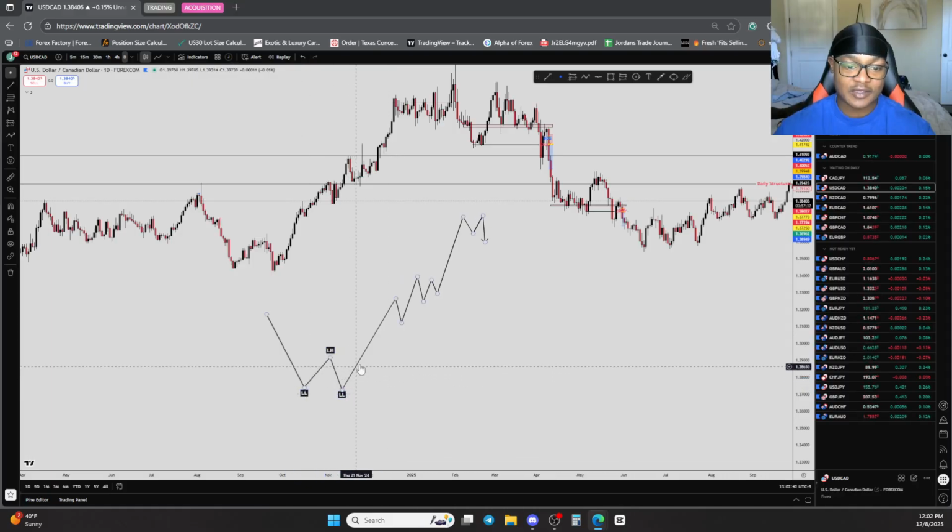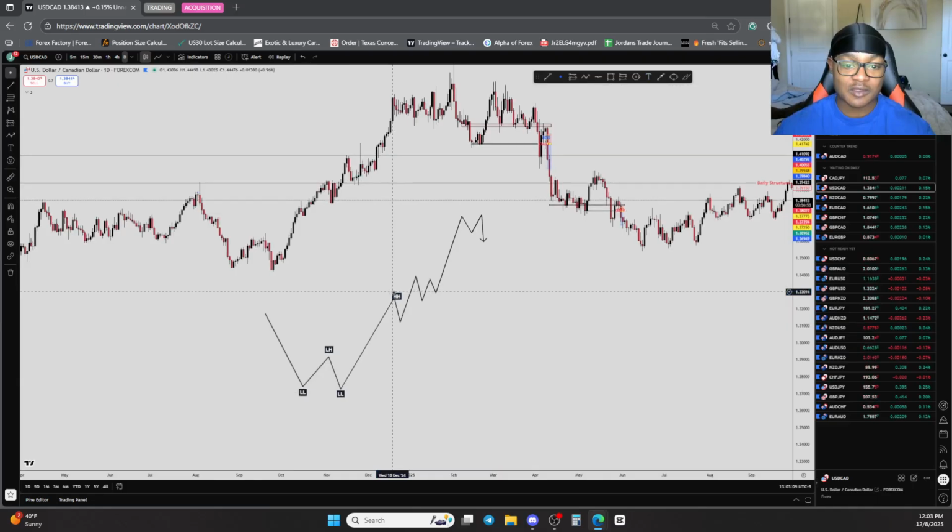Price then had an extension towards the upside, giving us what? A break past our lower high to go form a new higher high, which means we have a switch of structure. We're going from bearish to bullish due to price forming a new higher high in the market.